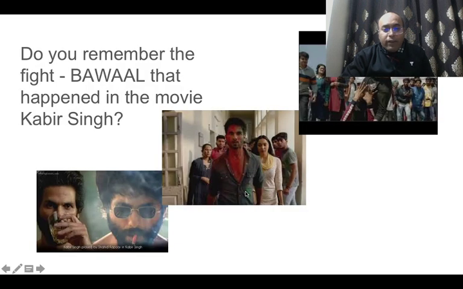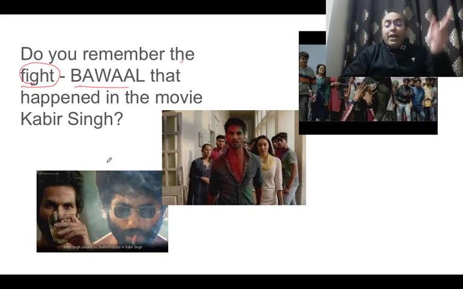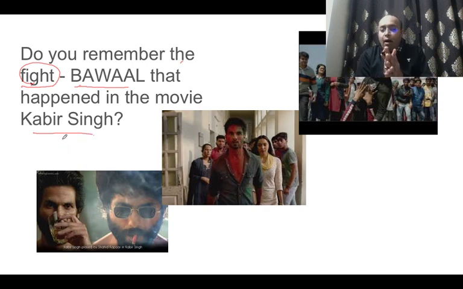All right, so moving further, there's a question. Do you remember the fight, right? So it talks about the fight. So for fight in North India, we use a word bawal. So that happened in the movie Kabir Singh. So do you remember that? There was a scene, after Holi, there was a fight that happened.